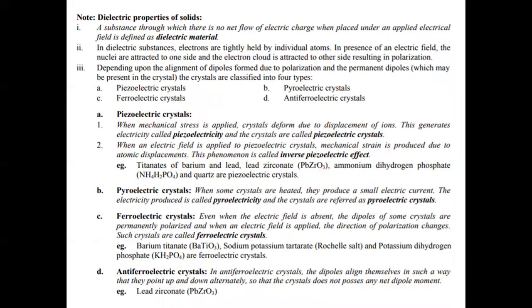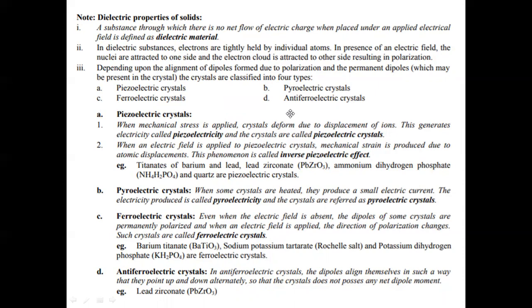Note. So we have dielectric properties of solids. A substance through which there is no net flow of electric charge when placed under an applied electric field is called a dielectric material. In a dielectric substance, electrons are tightly held by individual atoms.